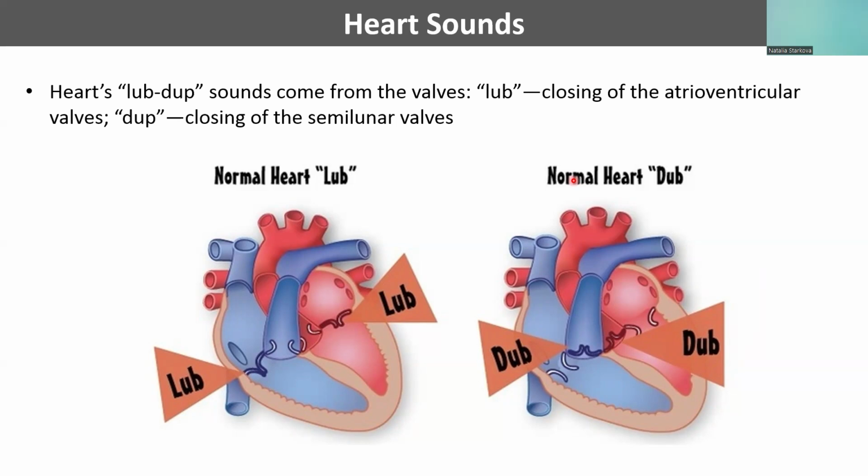It's not the contractions of the heart, because the muscles do not contract with sound. They do it very silently. But when the valves close and the blood hits the valve, that's what creates the sound. The lub, the strongest sound, comes from the closing of the AV valves, and the second sound, the dub, comes from the closing of the semilunar valves. That's what the nurse or the doctor hears when they listen to your heart.